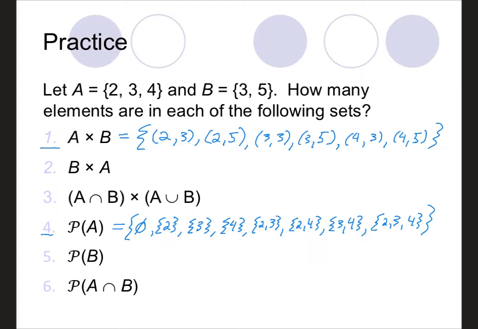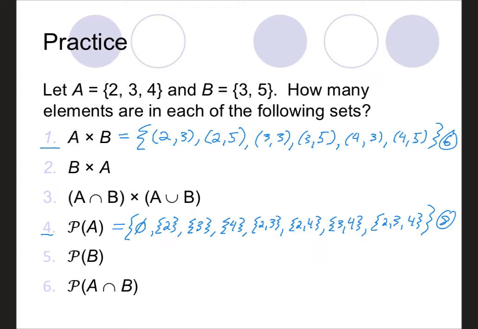And notice that this is actually asking how many elements are in each of the following. And so you'll see that in number 1 there, we end up with 1, 2, 3, 4, 5, 6, right? So we end up with 6 elements. And down in number 4, we have 1, 2, 3, 4, 5, 6, 7, 8. And it turns out there's actually a nice formula for that.